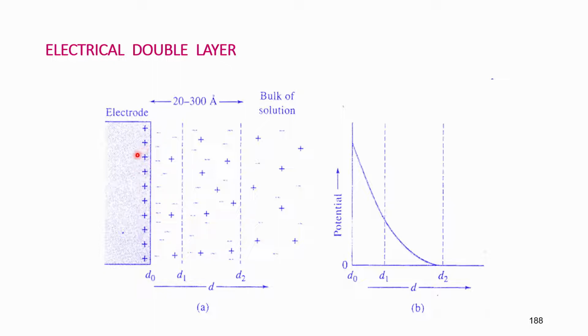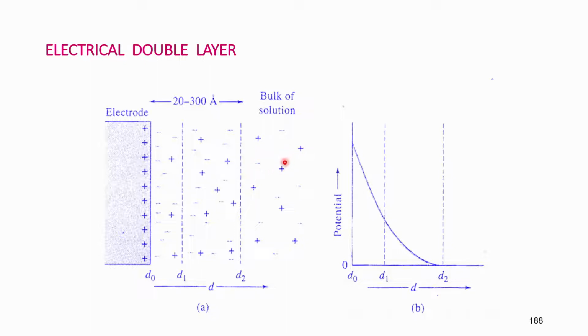That means the top surface of the metal will have cations, and all the positive ions are from the bulk of the solution. This is the bulk of the solution. I am imagining two layers, one here, another here, of the order of 20 to 300 angstrom units.